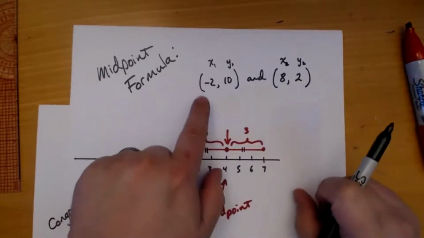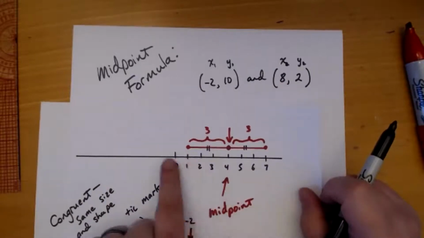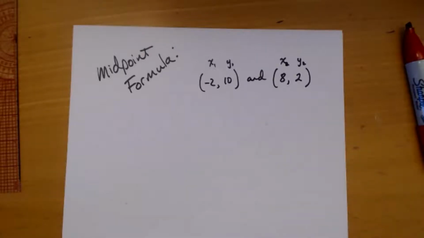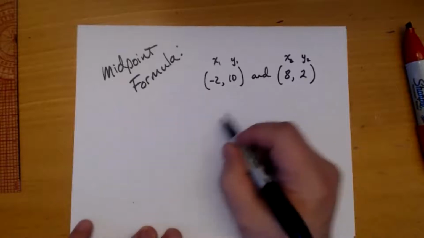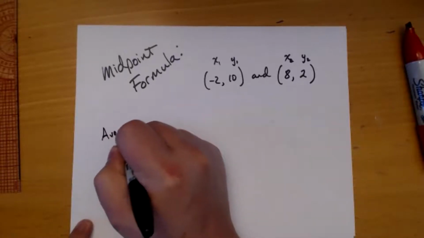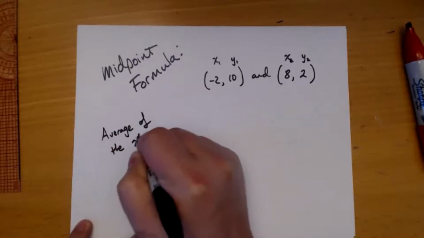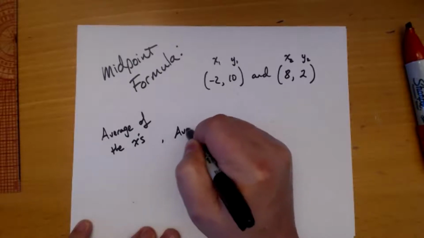Going back a minute ago, we had numbers like -2 and 8, and we used the number line to find the middle. Well, that's exactly what we do with the midpoint formula. We want to find the average of the X's and then the average of the Y's.